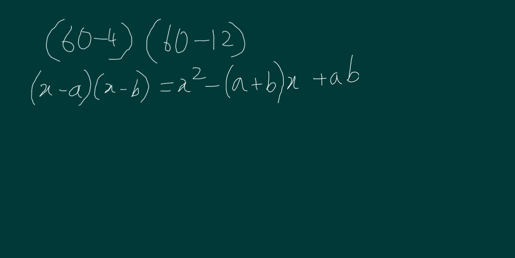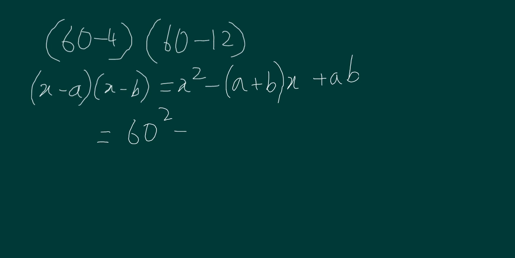Now I can do the same thing using (60 − 4)(60 − 12). So that's what I'm going to do here, and this is of the form (x − a)(x − b). So just quickly substituting for x 60, I get 60² minus (a + b), where my a is 4 and b is 12.